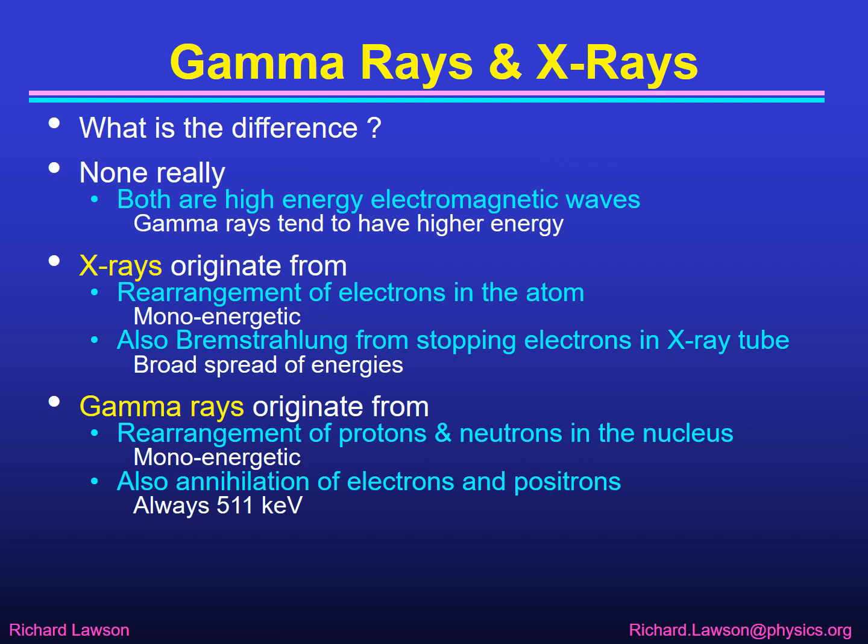Those are also monoenergetic. We can also get gamma rays when electrons and positrons annihilate. Those are 511 keV gamma rays I'll talk about a little bit later. So it's purely a matter of naming. There is no difference in the properties of X-rays and gamma rays. The naming is purely historical, of where they actually come from.